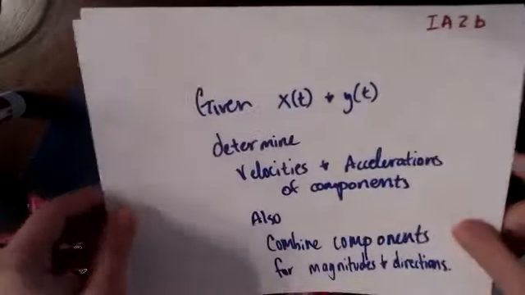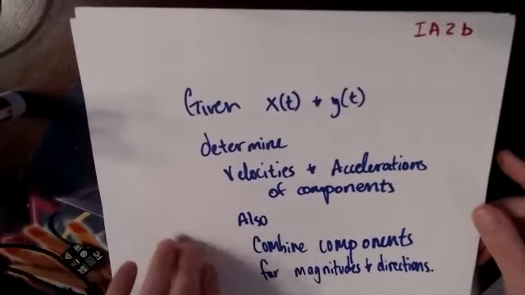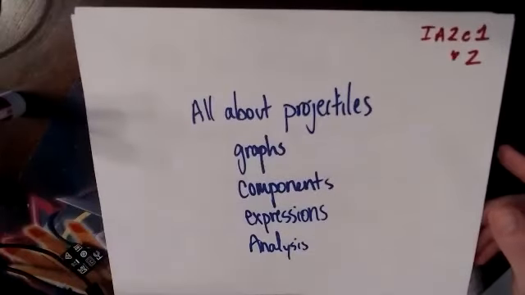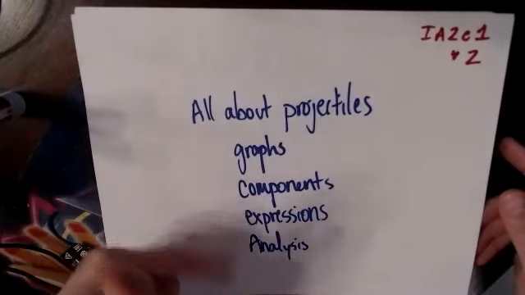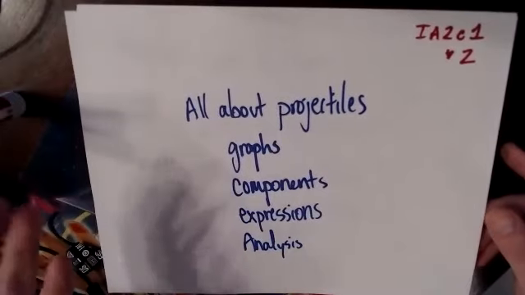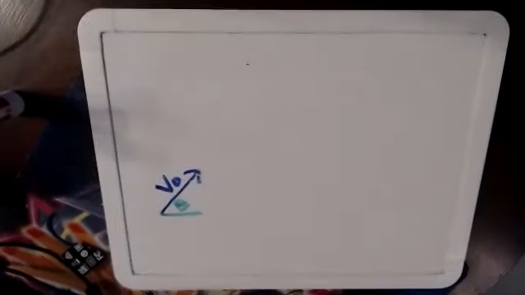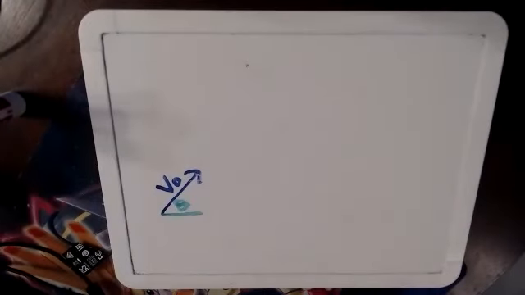So we're also going to be doing this one as well, where we graph it, we find the components, we write the expression, and we do some analysis to it. That's whether or not it goes over the hill before we get into Newton's laws. So pretty much this is just over projectiles for the next, I don't know, 10 minutes. Hopefully it doesn't take that long.